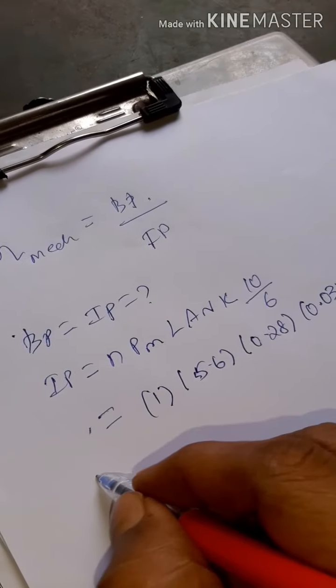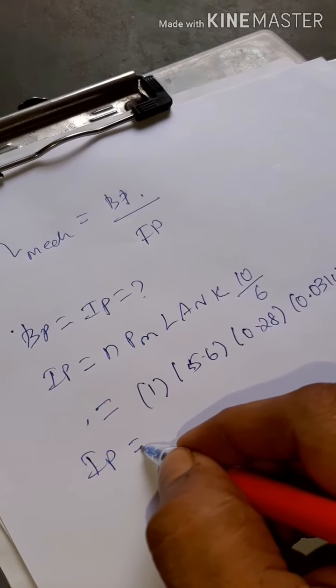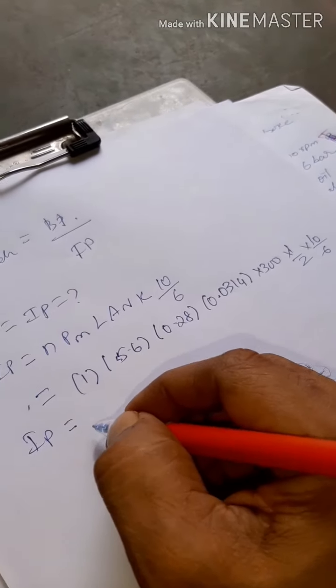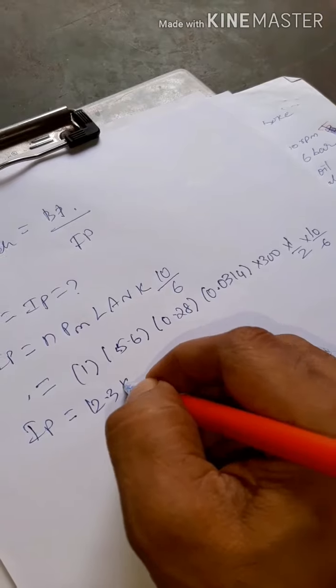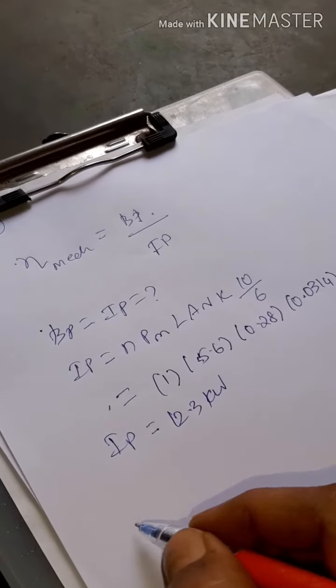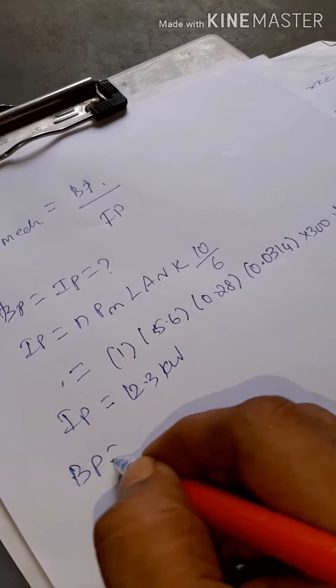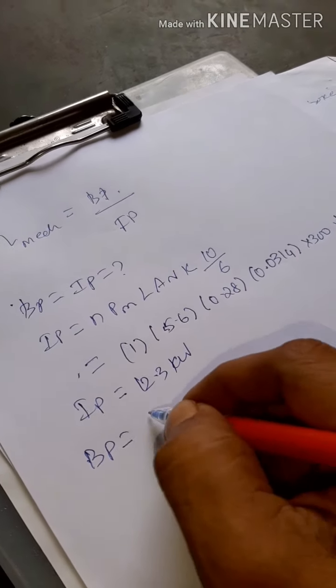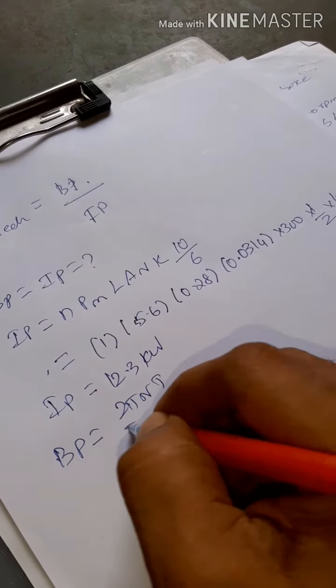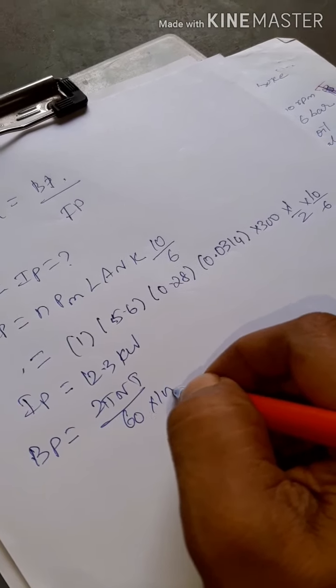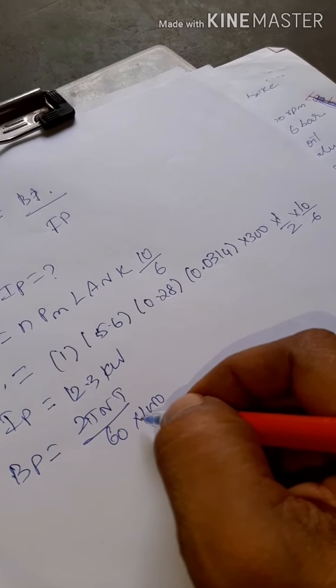So the indicated power is equal to 12.3 kilowatt.